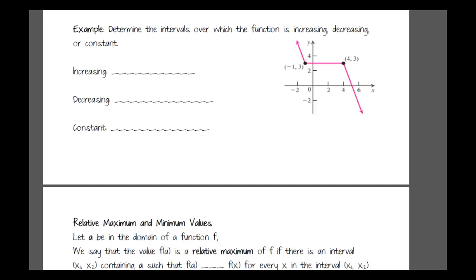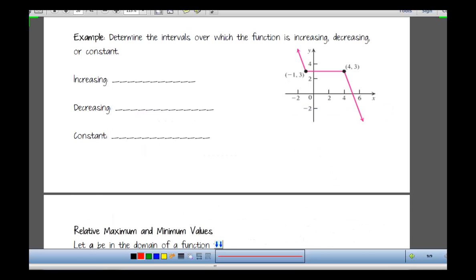What's going on here? It's decreasing. So what's this interval where it's decreasing? Okay, negative infinity to negative 1. Very good. So that's where it's decreasing, negative infinity to negative 1.